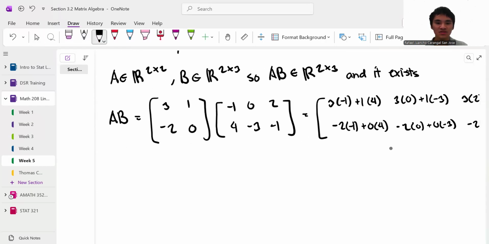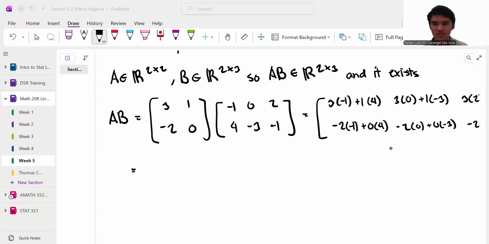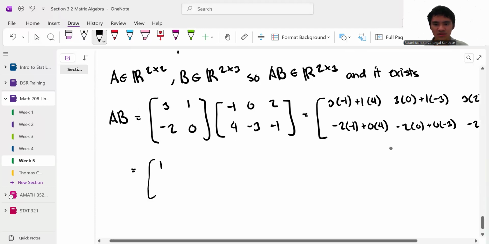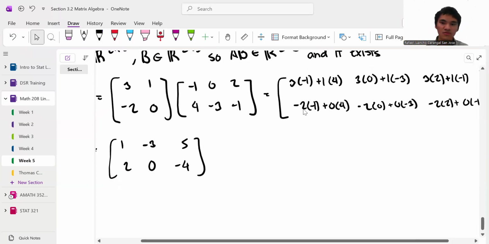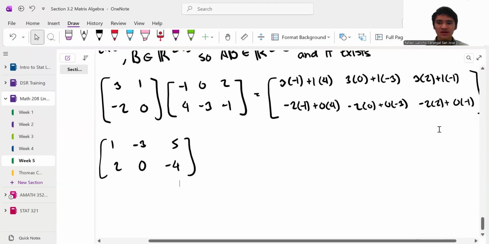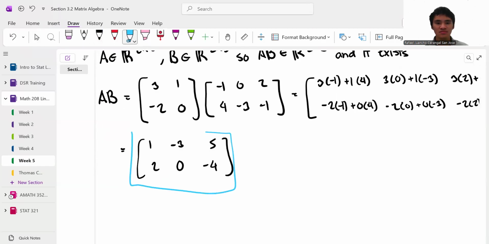And that's actually a matrix. So here we get a 2 by 3: 1, 2, -3, 0, 5, -4. Now you guys can check if that's right. Yeah, looks right to me. And we're done.